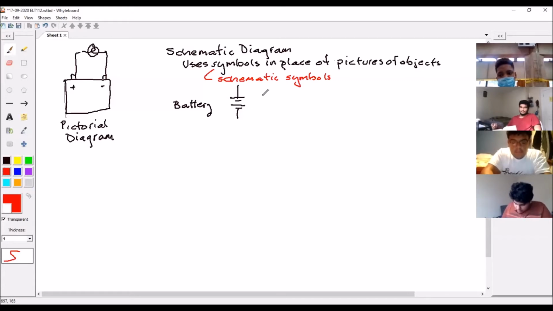The long bar is the positive terminal, the plus end. The short bar is the negative terminal.